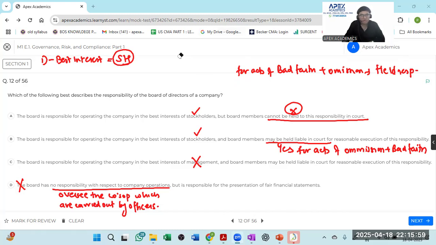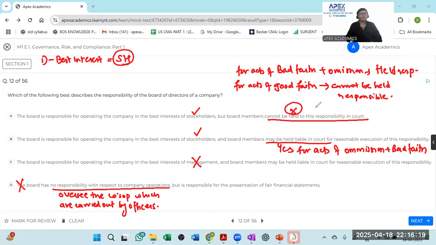For acts of good faith. They cannot be held responsible. I hope I'm making myself clear. Agreed or disagreed? Please tell me that.